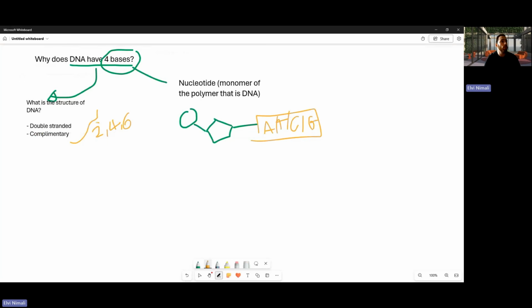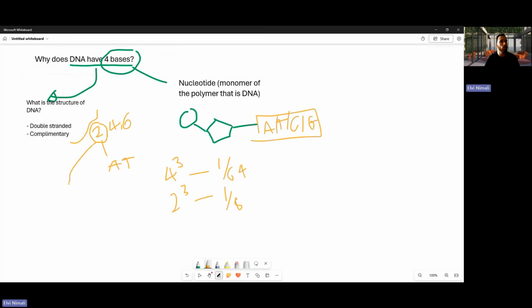Well, in terms of 2, imagine if we had a DNA sequence that was only composed of A and T. That means that at each position, you have less variability. Instead of a triplet codon system, which gives you up to 64 possibilities, you would have a triplet codon system that would give you 8 possibilities.